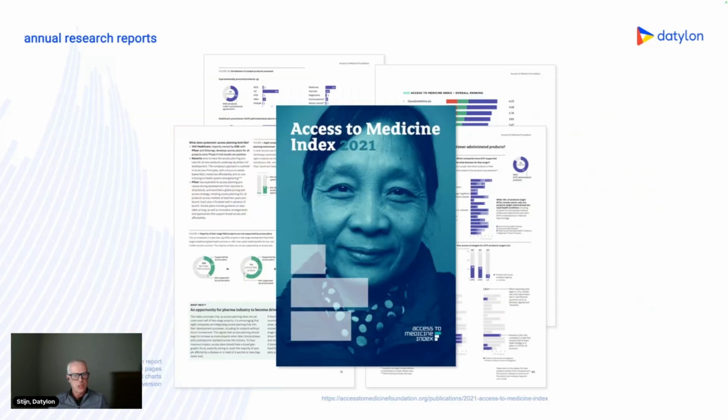Anyway, automation is one thing, but a lot of our users actually use it to make large reports like this one, Access to Medicine. It's an annual report with a lot of graphs in there, 250 pages, 250 charts. And the neat thing about our workflow is that you create your own library of charts on brand, following the company style guide.